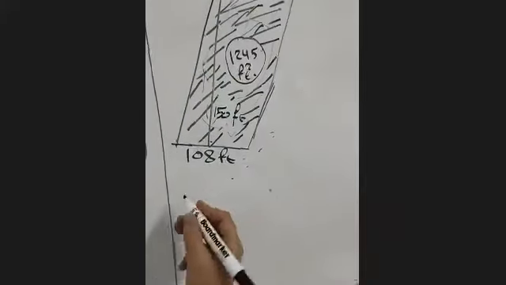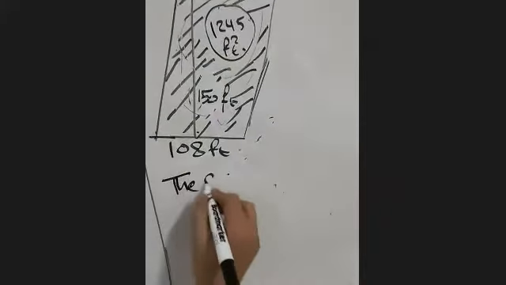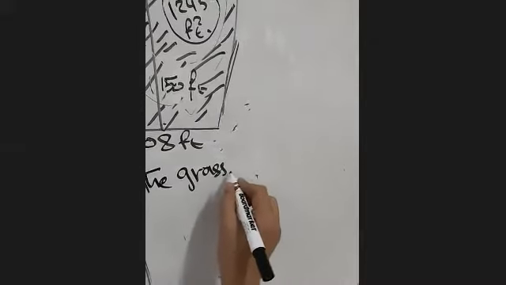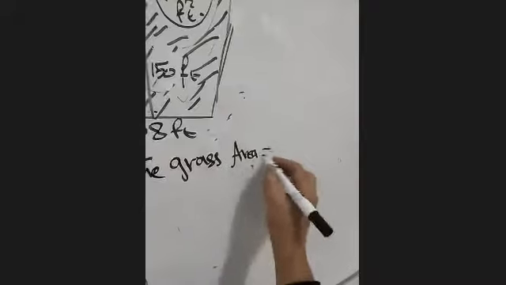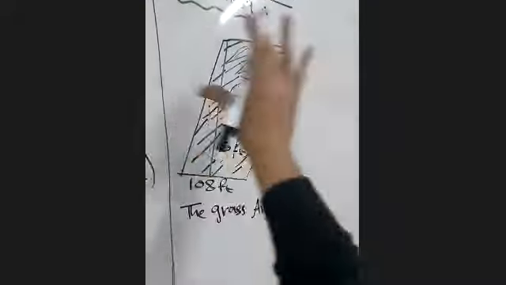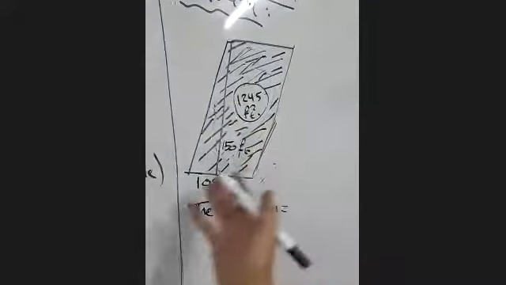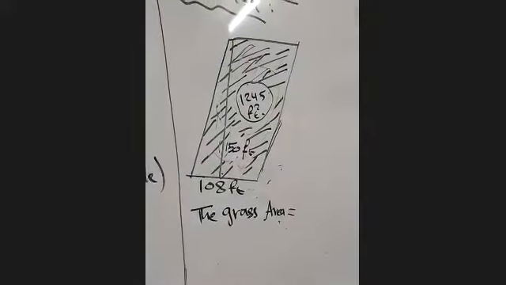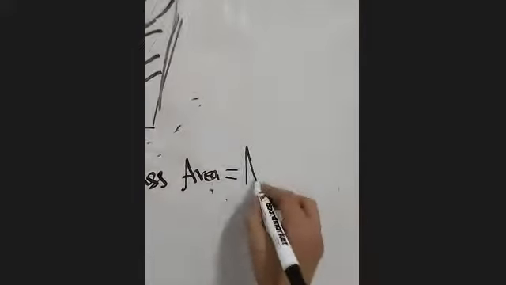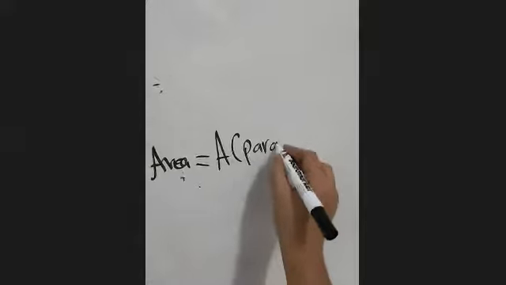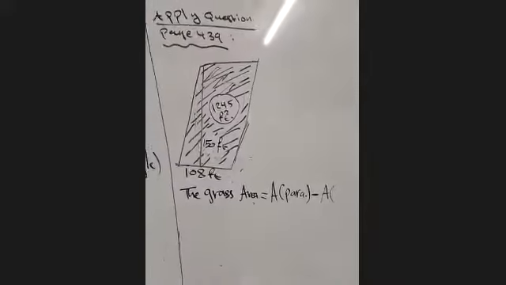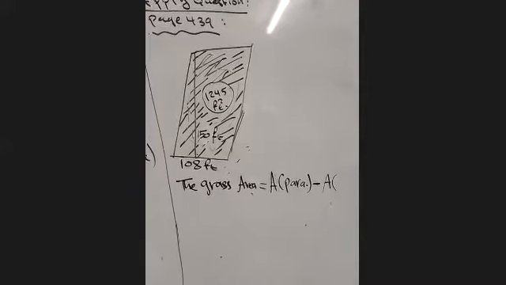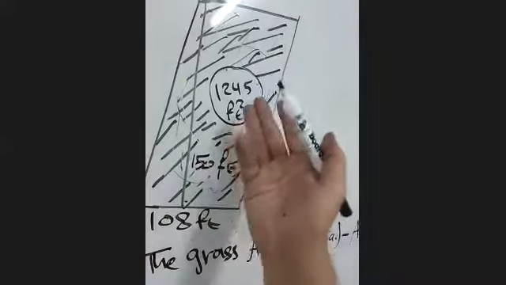So the wanted area, the grass area, equals the whole area. What's this graph? What do we call it? Parallelogram. So the area of the parallelogram minus the area of the pond, the water, right?